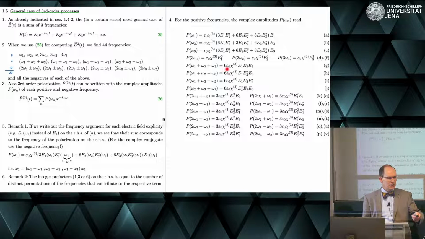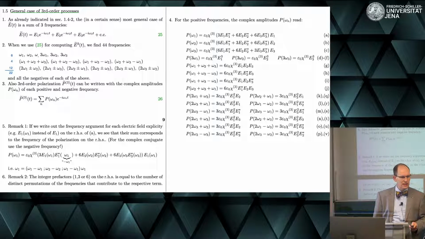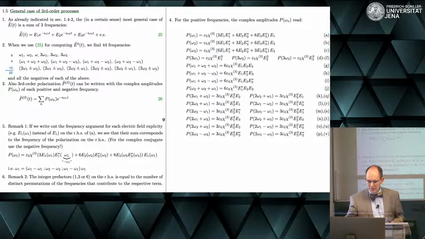This corresponds to the fact that there are 6 permutations of these 3 indices, right? Whereas for this situation there are just 3 of them, and a few other things that you find in the script.